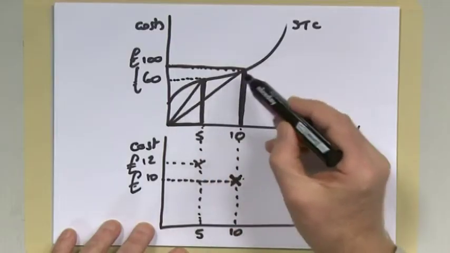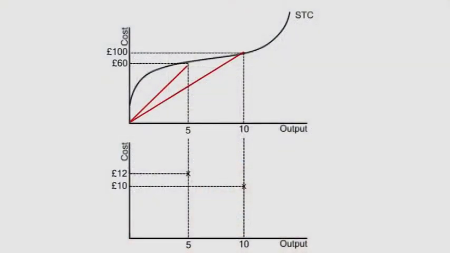Now we can see what happens to average cost as output increases. At first, the rays get less steep, average cost is falling. And it goes on falling, the rays get less and less steep to, in my case, about 15 units of output. Average costs fall.